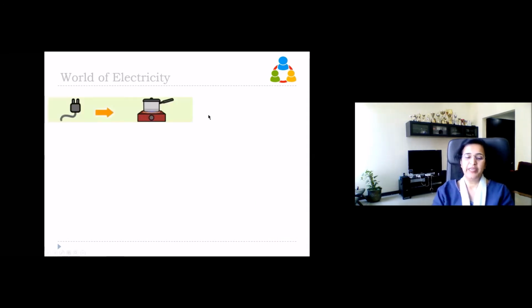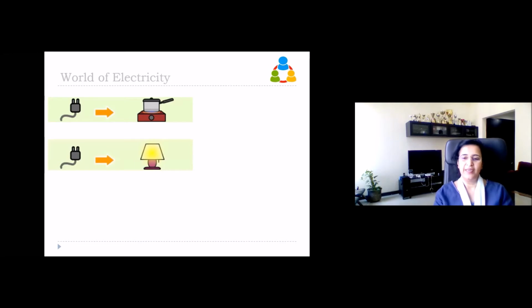So now here is the question. When an oven is plugged in, what is the electrical energy conversion happening here? You can chat, there are no options. Yes, electrical energy is converted into heat, right?